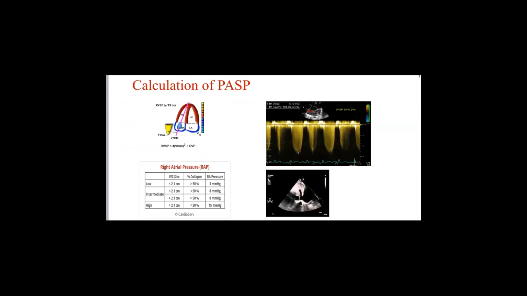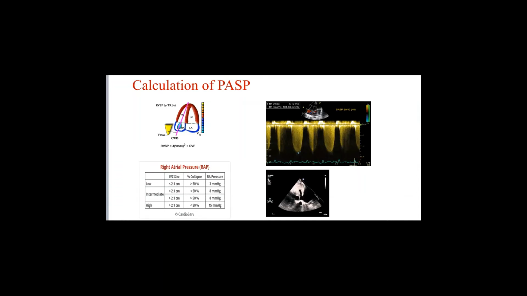Now you know how to calculate the pulmonary artery systolic pressure, and this is the last equation. How are you going to calculate it? I will take the TR peak velocity, then add the IVC later or the right atrial pressure to it. Exactly.